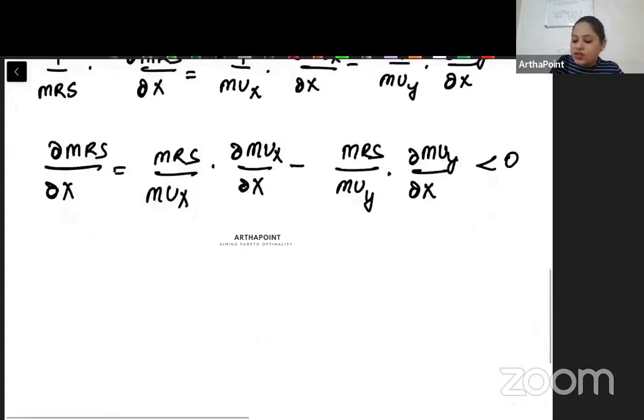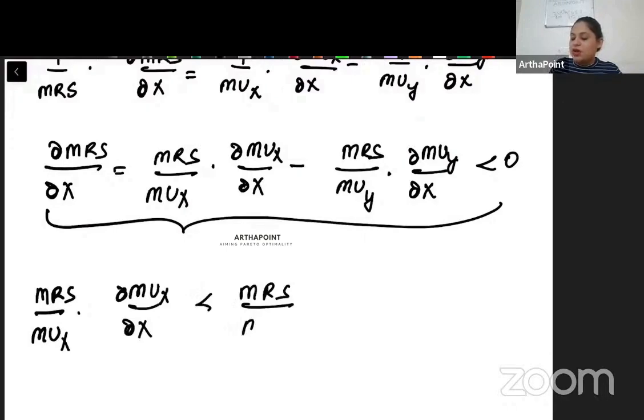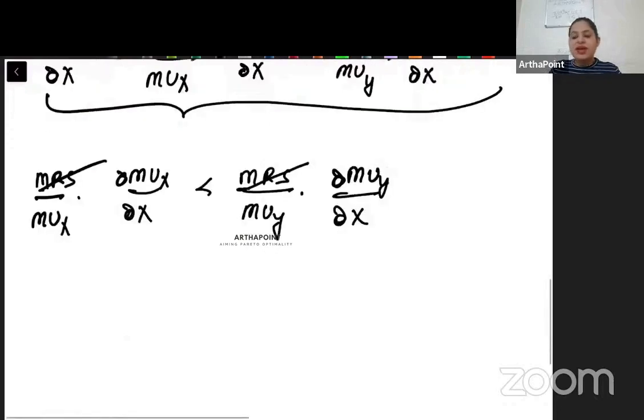So if I want this to be negative, what is the condition I will have? I will have MRS by MUX del MUX by del x less than MRS by MUY del MUY by del x. So even if I cancel this out, this is the condition that I will have, right?